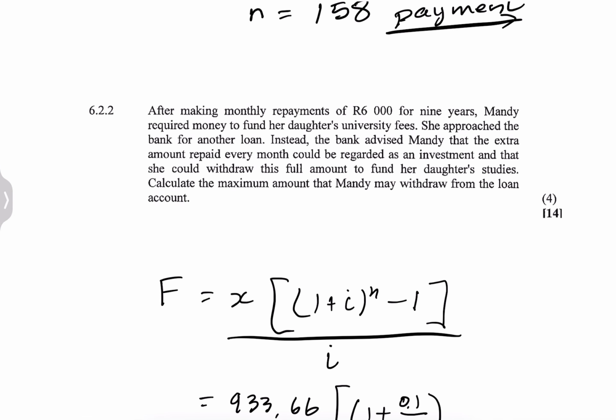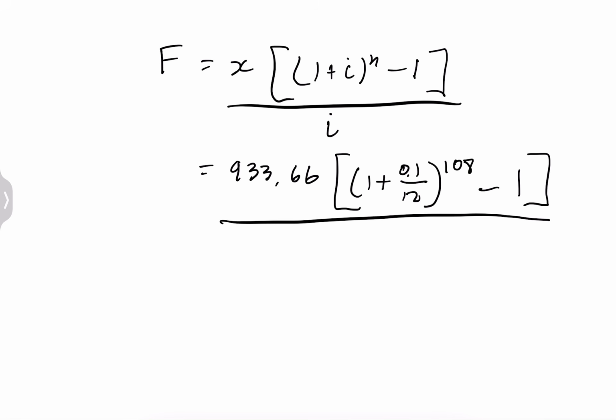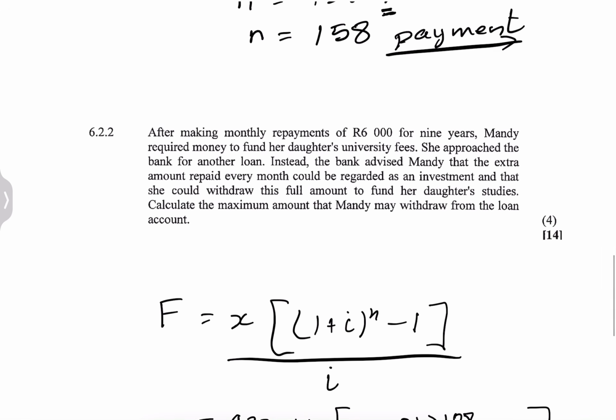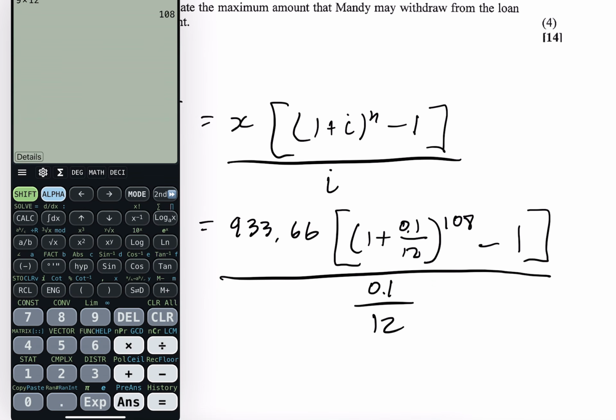So that's 108, minus 1, all of that divided by 0.1 over 12. Again, we're going to use our calculator there.